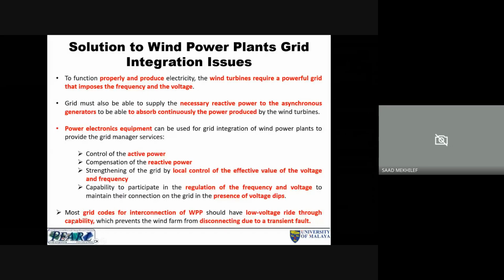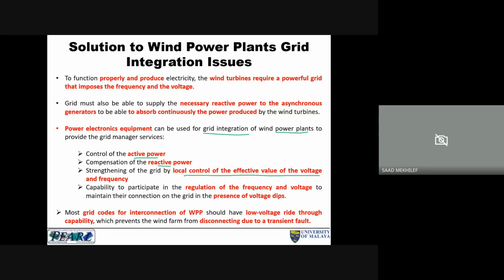Power electronics can be used for grid integration of wind power plants, providing grid managed services, control of active power and reactive power, and strengthening the grid by the control of effective values of voltage and frequency.